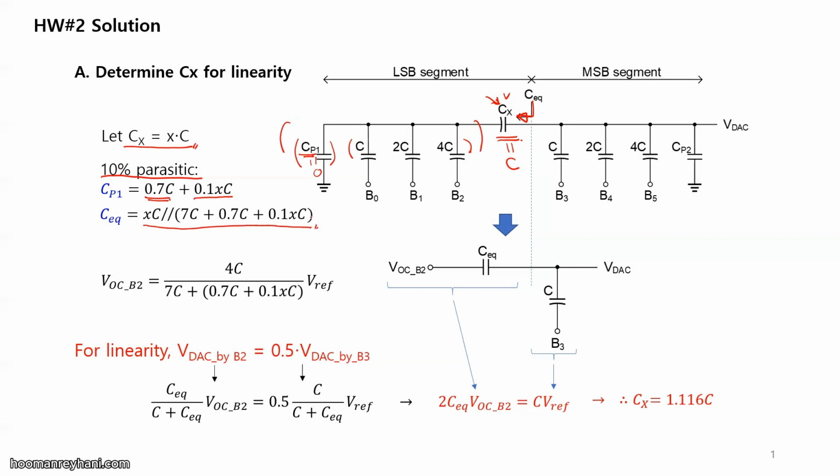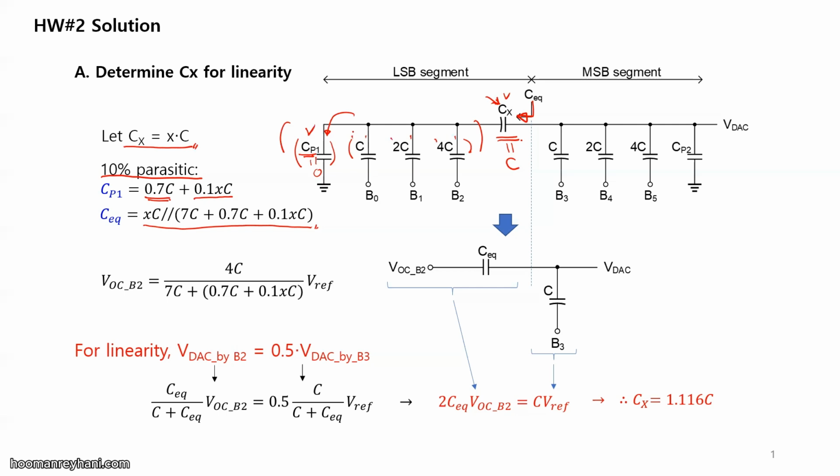Well, should we have Cx larger than unit C or smaller than unit C intuitively? Well, because we have parasitic capacitance here, because of the voltage attenuation or charge leakage through this path, we're going to have reduced weights of these capacitors, right?